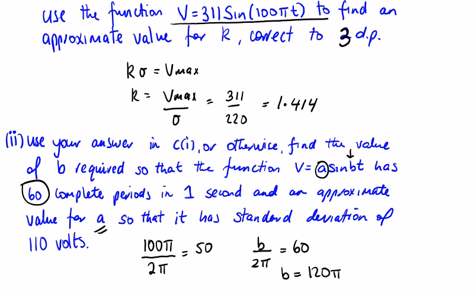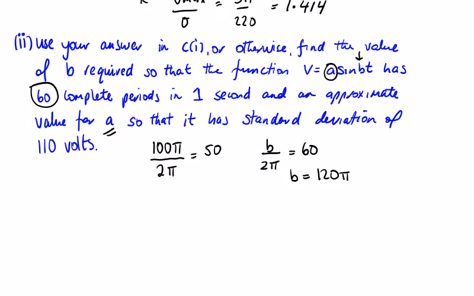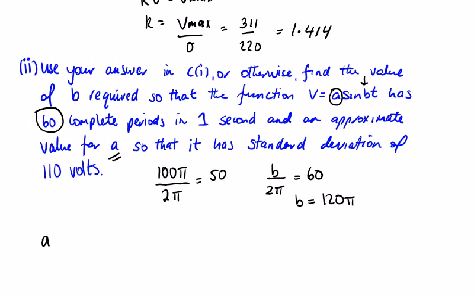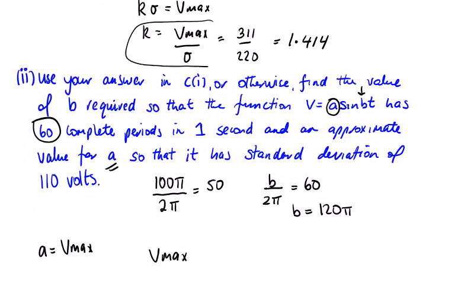So then we need the answer from the previous part to get an approximate value for a. So a is equal to Vmax in this case. And we have k is 1.414. So Vmax, based on the formula up above, Vmax is equal to k times the standard deviation.